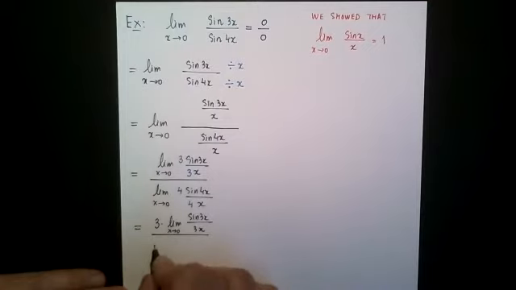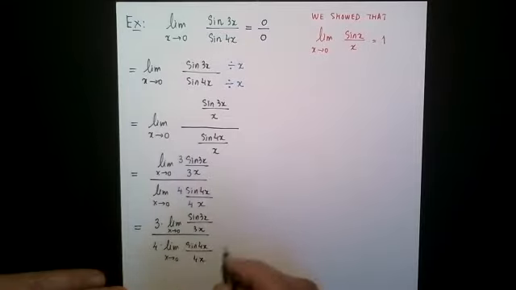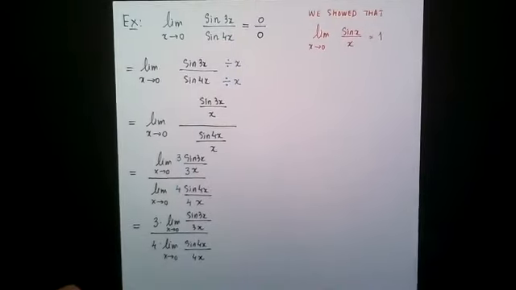And on the bottom, I can extract a 4, limit x approaches 0 of sine 4x over 4x. Okay, you following me?